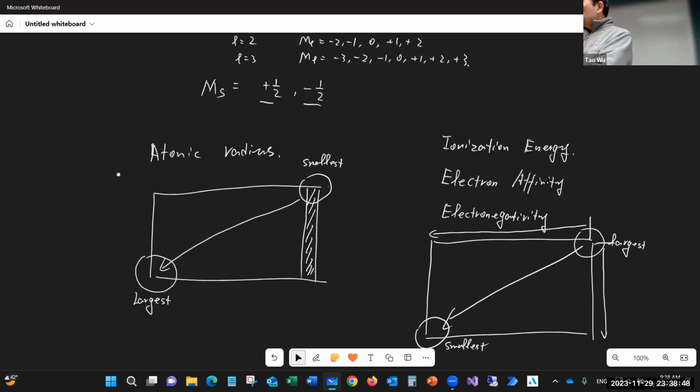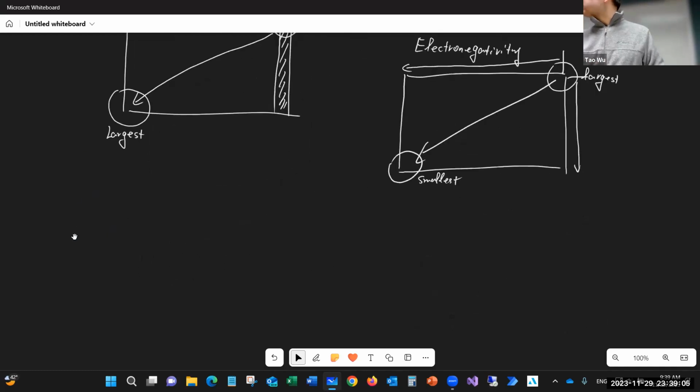Those two trends combined make the overall trend where the top right is the largest and the bottom left is the smallest. Generally, this is the review of what we talked about last time.